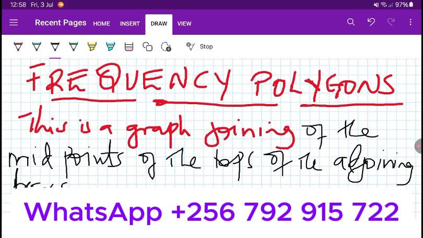Now, when we are getting the midpoints, we know that when we want to find the midpoints of each class, there are two options. We use two options depending on what we have.